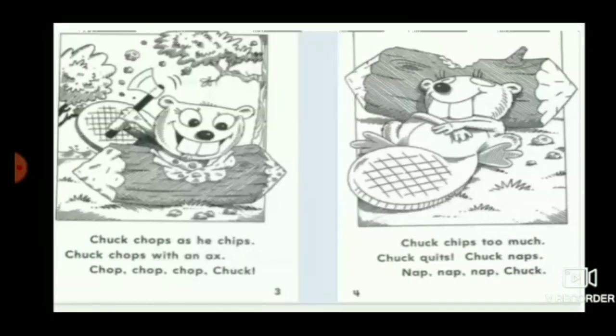Chuck chops as he chips. Chuck chops with an axe. Chop, chop, chop, Chuck.